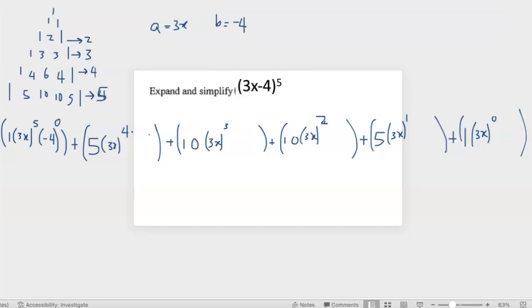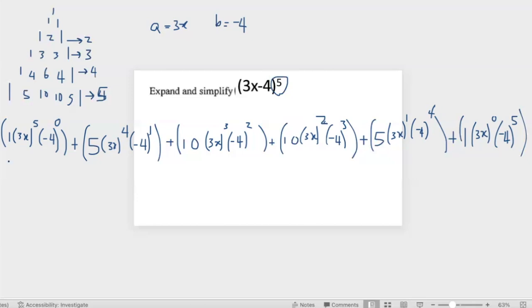So it's going to be negative 4 to the 0, then negative 4 to the 1, then negative 4 to the 2, then negative 4 to the 3, then negative 4 to the 4, and negative 4 to the 5th. So the first term, you start at 5 and you decrease, while the second term, you start at 0 and you increase until you reach this number.